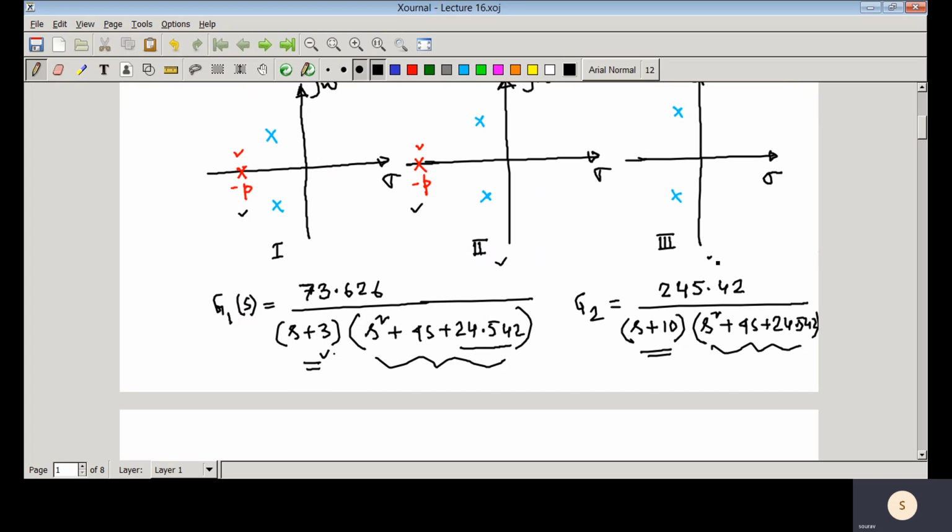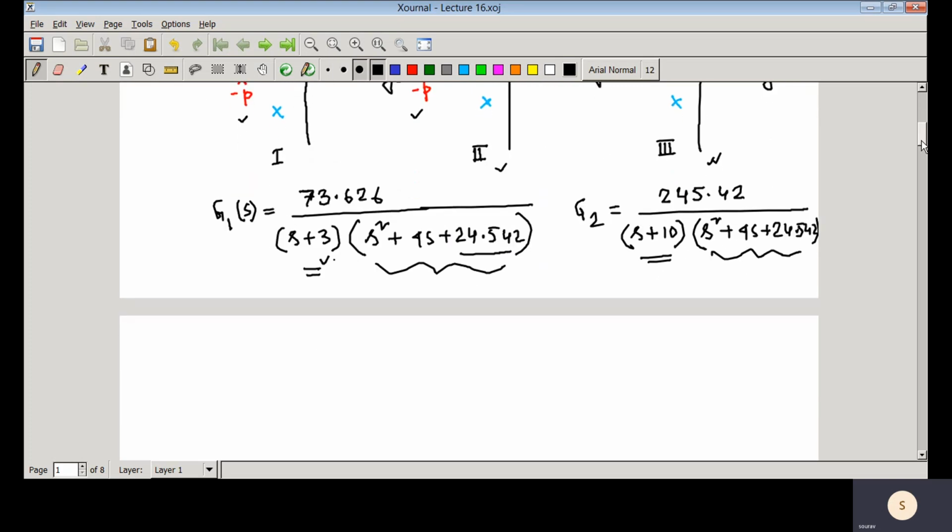So it is just like a second order. This is a second order transfer function in normalized form. So suppose that G3 equals 24.542 over s square plus 4s plus 24.542.